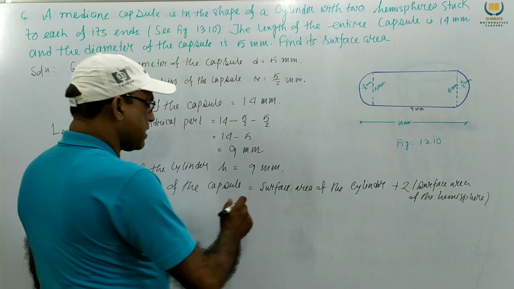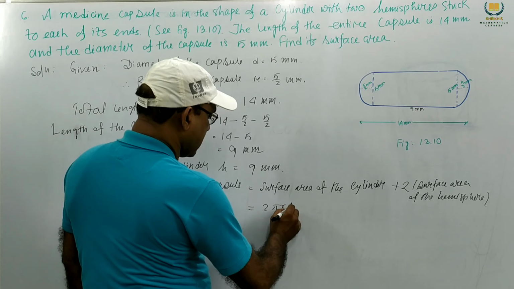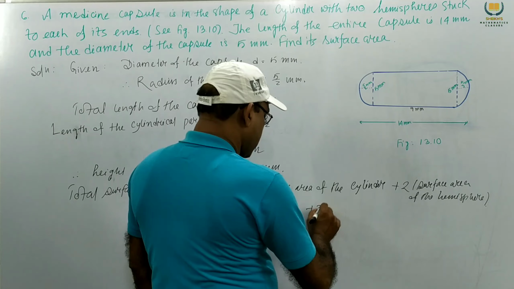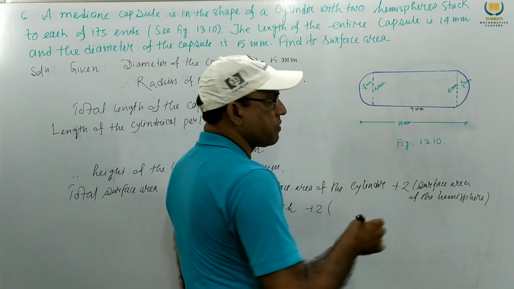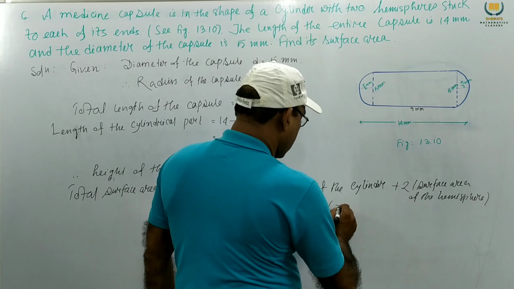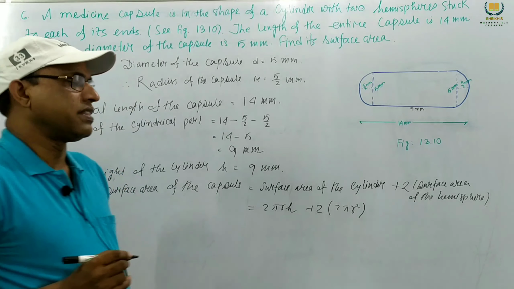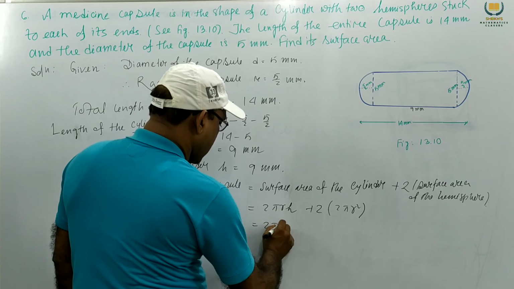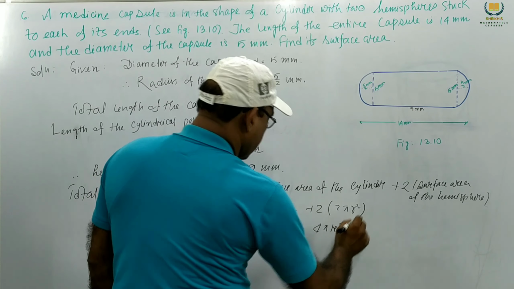So surface area of the cylinder is 2 pi r h, and surface area of the hemisphere means 2 pi r square. We get this. So this will be 2 pi r h plus 4 pi r square.